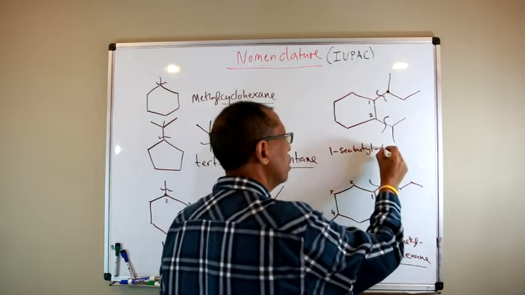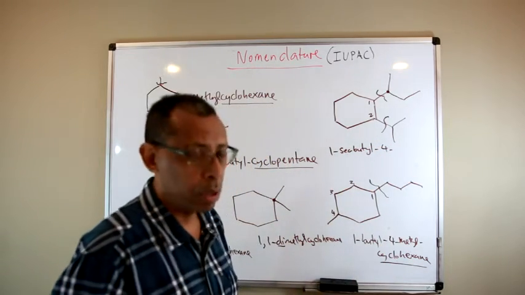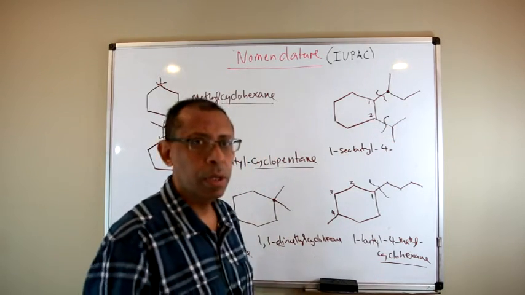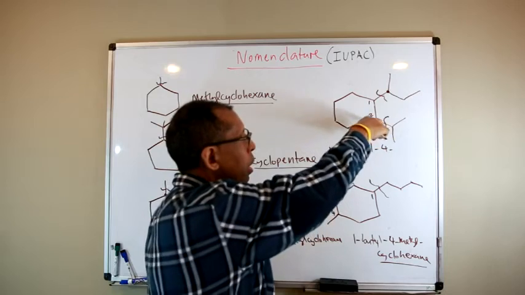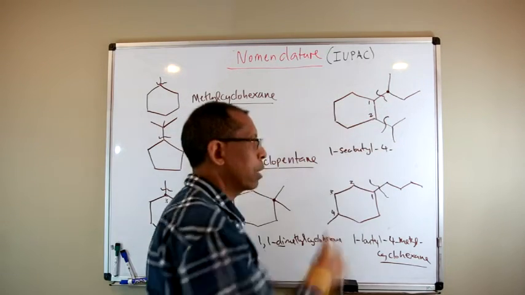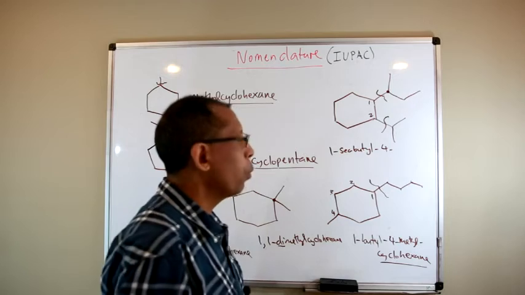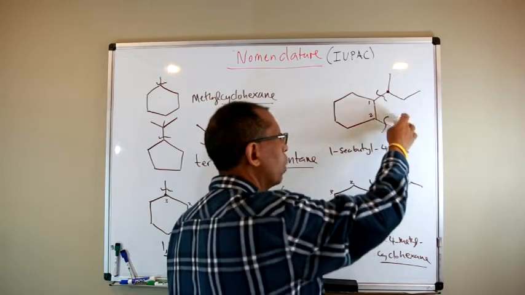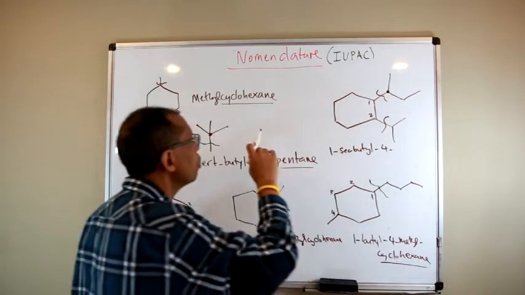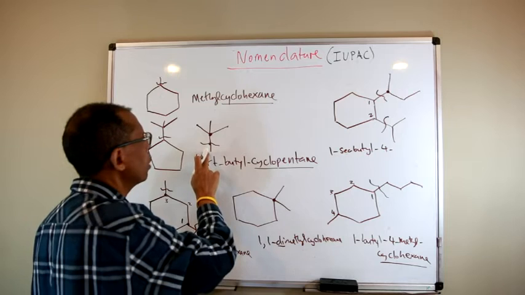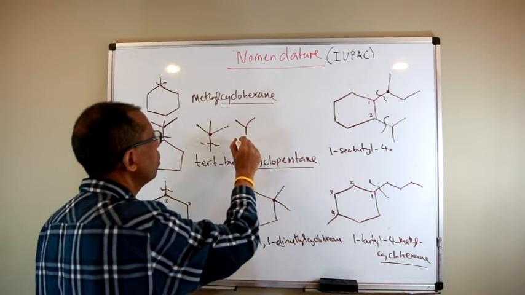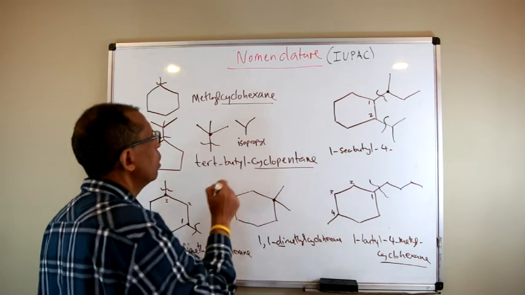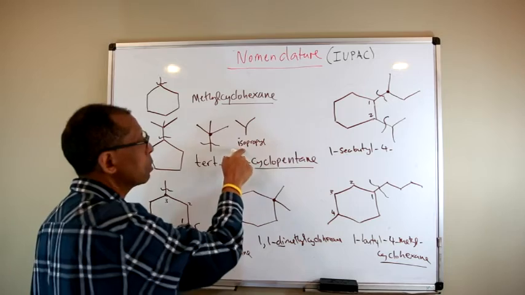And at 4 position, you have a propyl group because you have 3 carbons, but that propyl is not attached directly through this carbon or through that carbon. It's a branched one. We call that isopropyl. If you remember, this kind of branching is called isopropyl. So now you should remember this group is tert-butyl, this group is isopropyl.